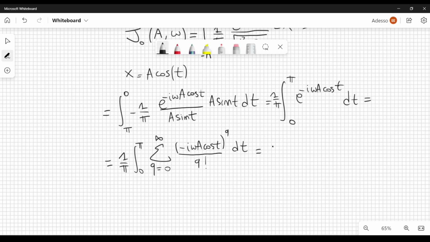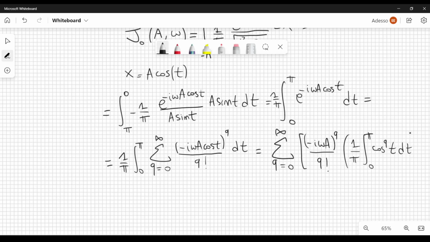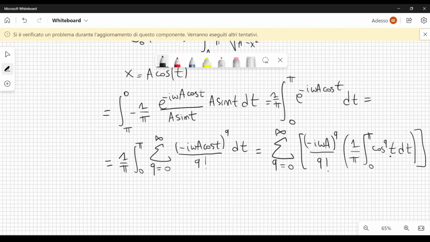So let's rewrite it. We can put the series out of the integral, q from 0 to infinity. Then here we have minus I omega a to the power q divided by q factorial, and then 1 over pi integral from 0 to pi of cosine to the power q of t dt.